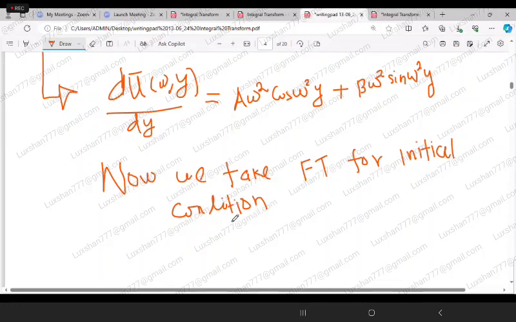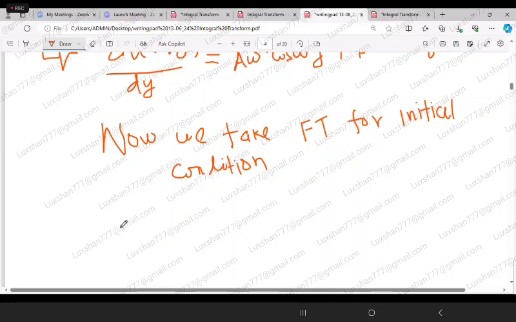The first one: Fourier transform of u x comma 0.